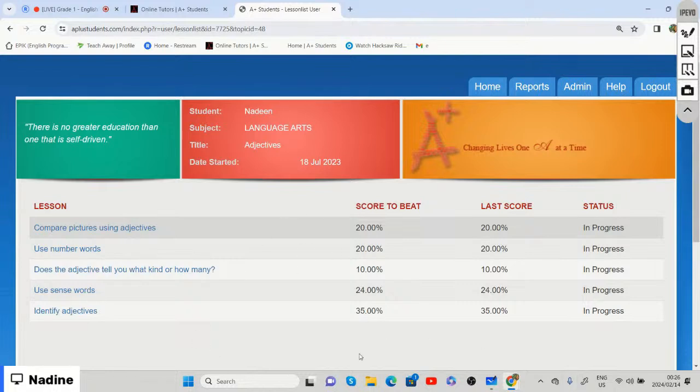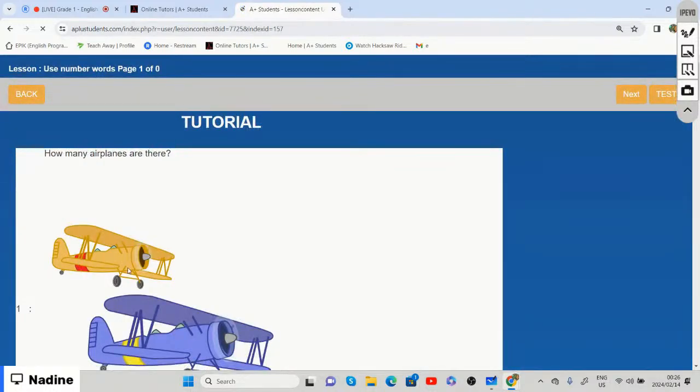So we're going into the next lesson where we said that we first compared pictures using adjectives. And remember I said that you need to ask yourself what kind, or you need to ask yourself how many. So now we're going into the next lesson, which is to use number words.